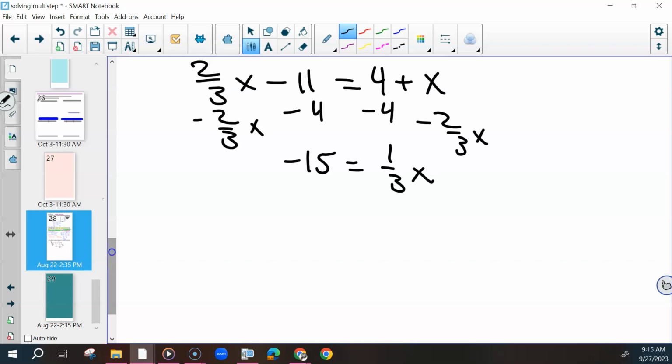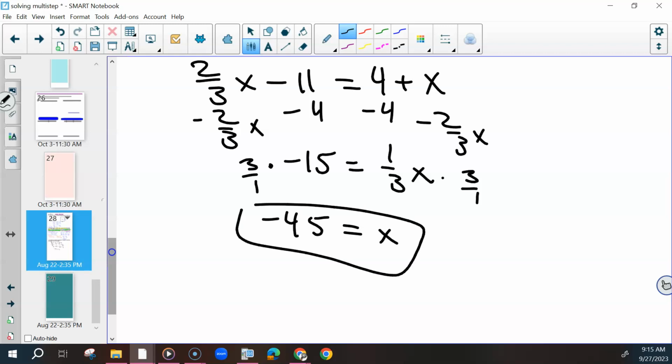So you could multiply both sides by 3, or you could divide by the 1/3, but you can't mix those up. You can't divide by the reciprocal or multiply by the 1/3. So your variable should be -45. Do we have any questions on that one before I explain what we're doing next?